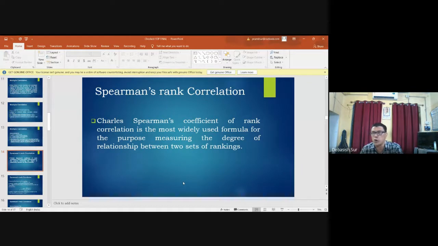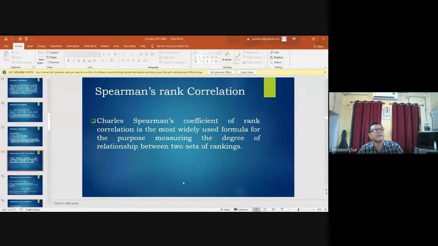We have to follow the Spearman rank correlation coefficient, because marks in mathematics and marks in statistics both reflect the quality of the students. Similarly, skill score and intelligence score also indicate the quality of the students.